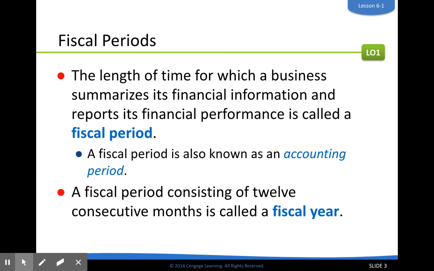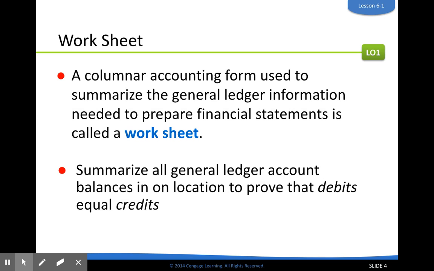It can vary. For instance, Apple, they make their big announcements in October. So they start their fiscal year October 1st, end it in September. So just kind of depending on the business, that fiscal year can start and stop at a different time, but it's 12 consecutive months consists of a whole fiscal year.